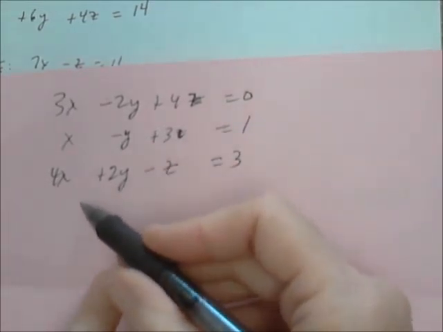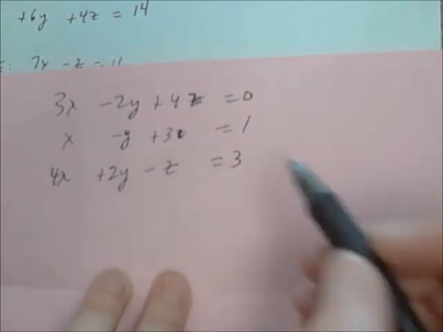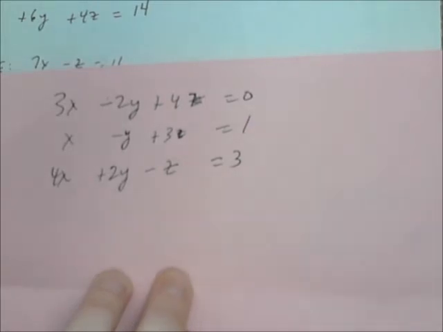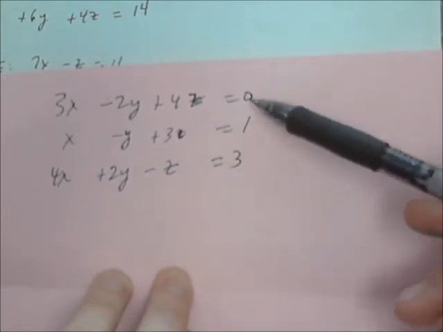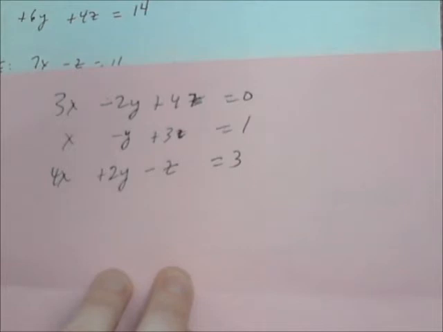And 4x plus 2y minus z equals 3. So you can go through, if you want to eliminate the y's first, you can. It looks like that might be the easiest thing to do because you can add the top and bottom equations together, or however you want to do that, but you're going to get down to a 2 by 2 and then do some back substitution.